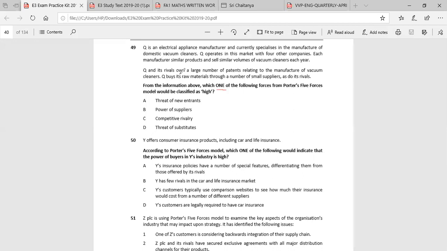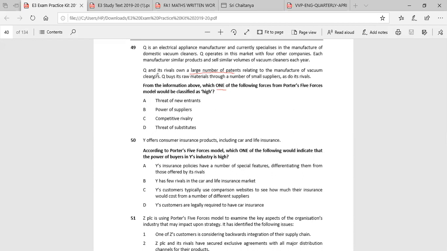Q and its rivals own a large number of patents relating to the manufacture of vacuum cleaners. Q buys its raw materials through a number of small suppliers, as do its rivals. It's about rivalry. Don't you think so? It's about what strategy they are adopting. Here in this case, it is about research and innovation.